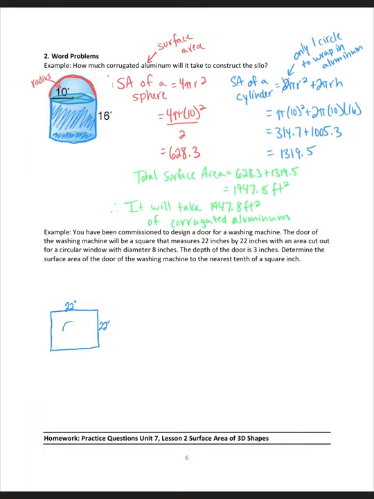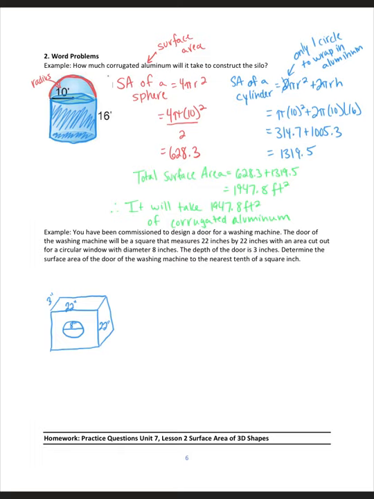So we're just going to draw a circle in here. Okay, and that diameter across it will be 8 inches. And then it says the depth of the door is 3 inches. So if we're just going to try to make this three-dimensional, do something like that. Okay, and then this will be 3 inches the depth.